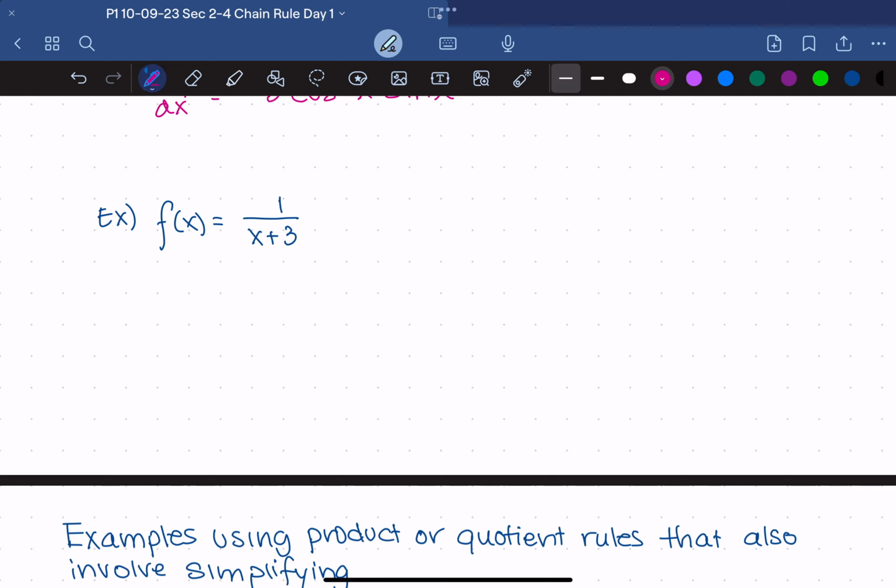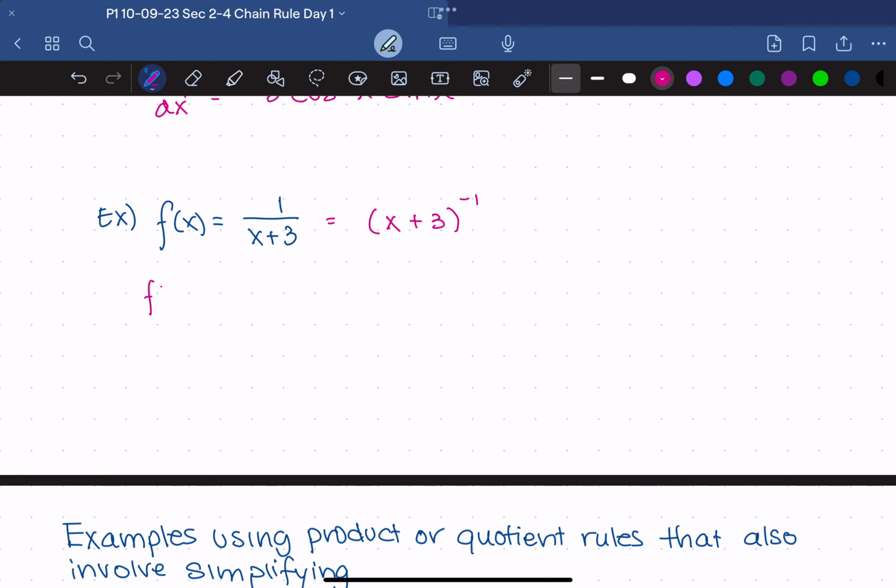And then the last one, that's x plus 3 inside the fraction. I'm going to just write this out. Again, if you can get to the point where you don't have to do this, that would be best. But it's just easier for me to explain if you can see it. But remember, this means x plus 3 is to the negative 1 power.